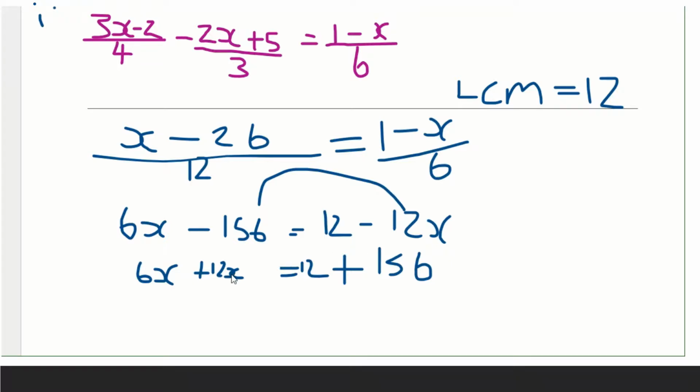So we have 12x plus 6x, and of course that's 18x, and that's equal to 156 plus 12, that's equal to 168.